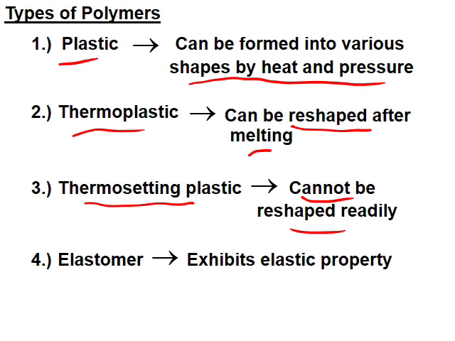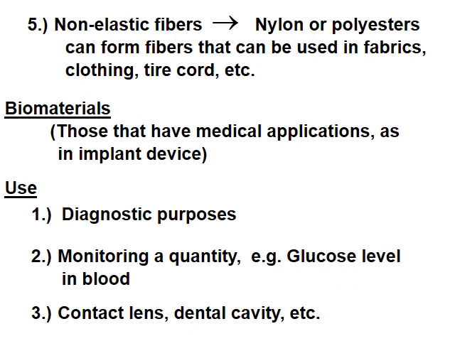So as you can see, their properties are not all the same. Elastomers show elastic properties. Non-elastic fibers like nylon or polyester can form fibers, and that could be used in fabrics, clothing, and tires.